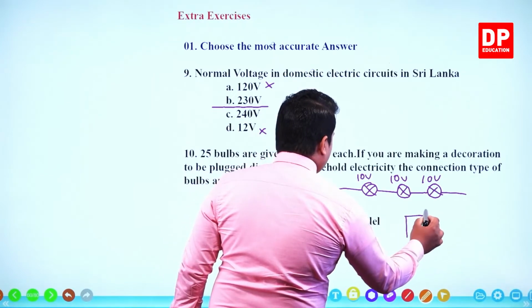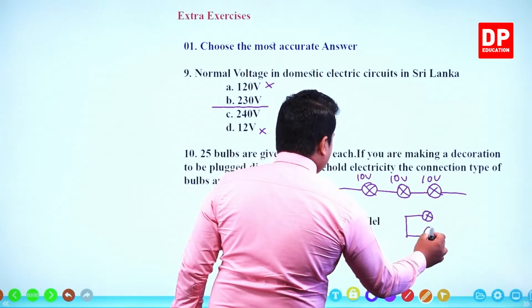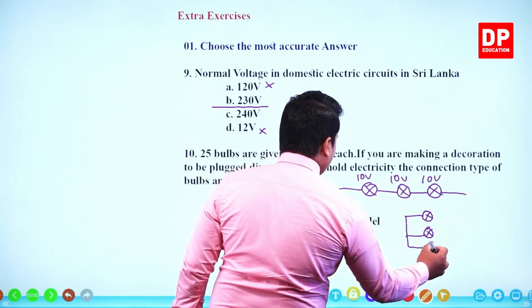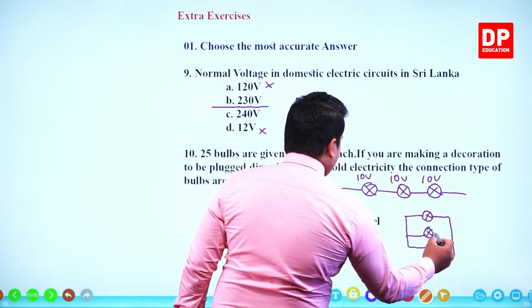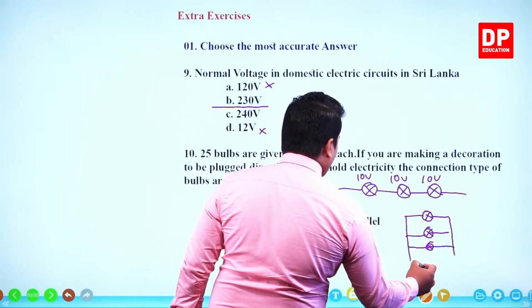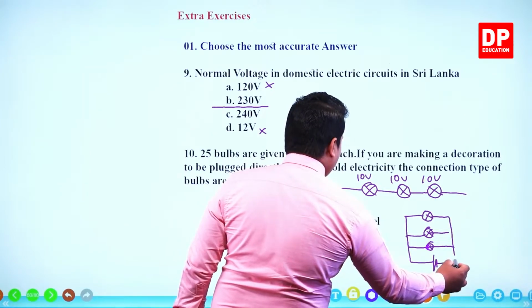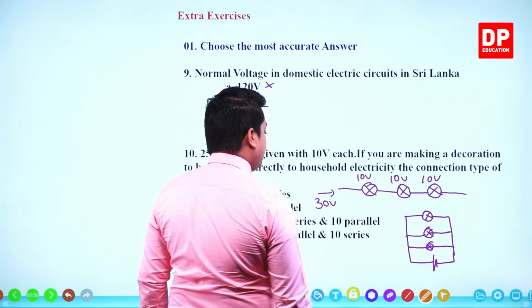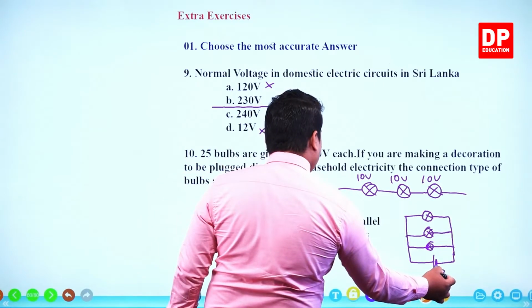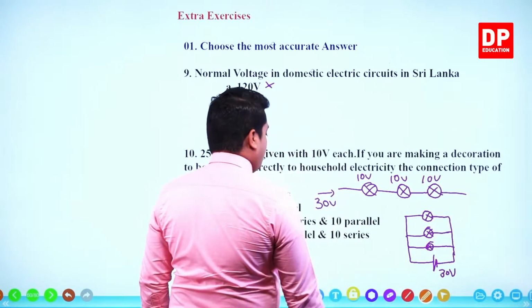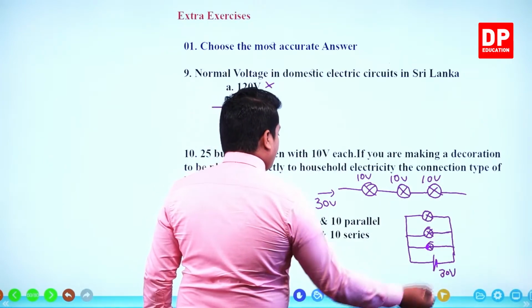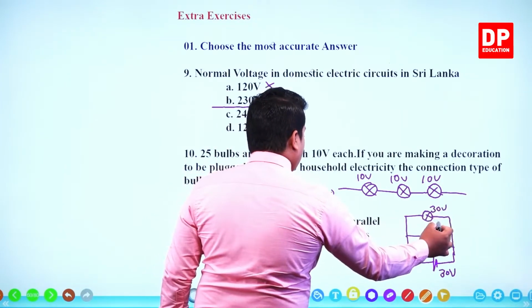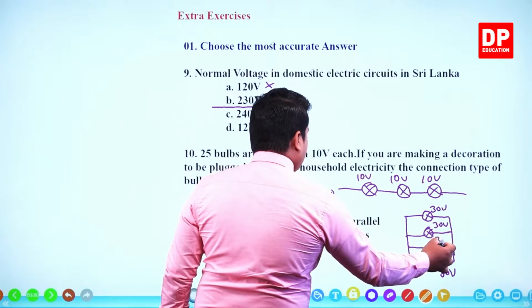If I use a parallel connection like this, then the voltage across all the bulbs is similar. Similar means they have the same value, the maximum value given out by the voltage. So here also 30, here also 30, here also 30.